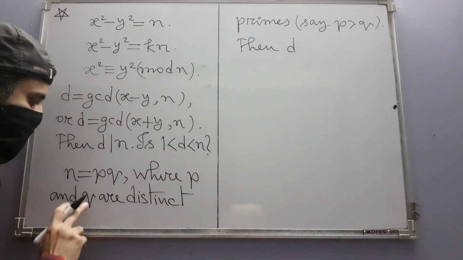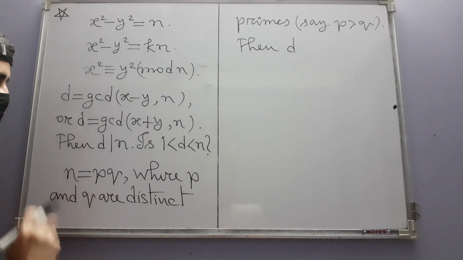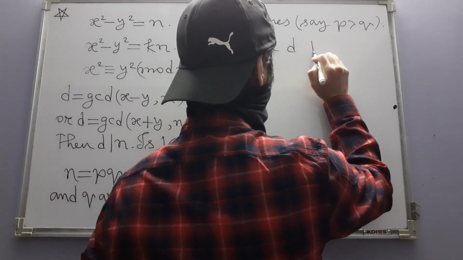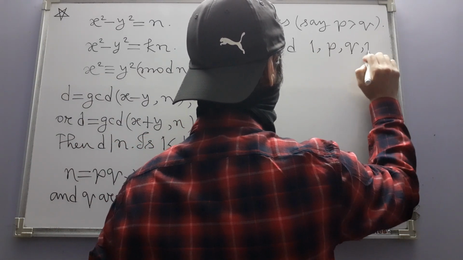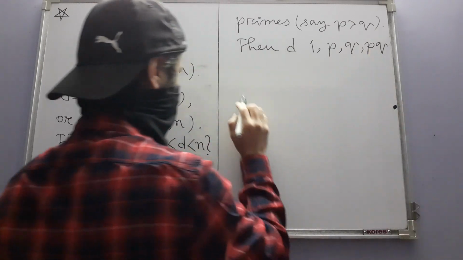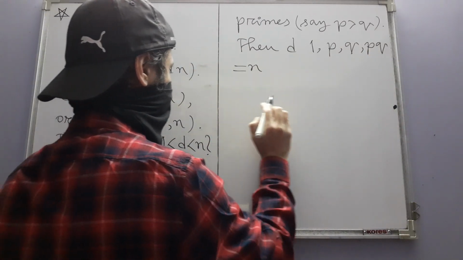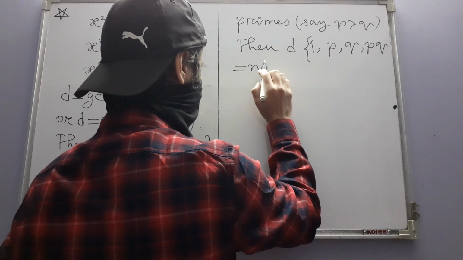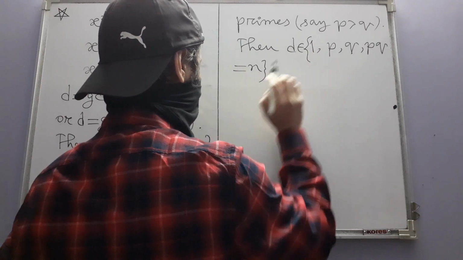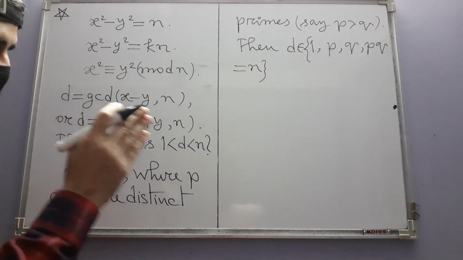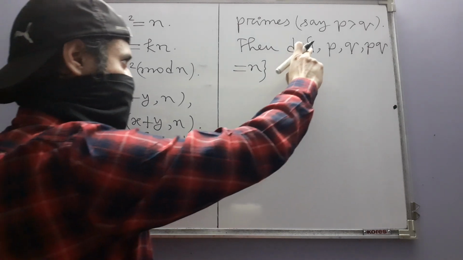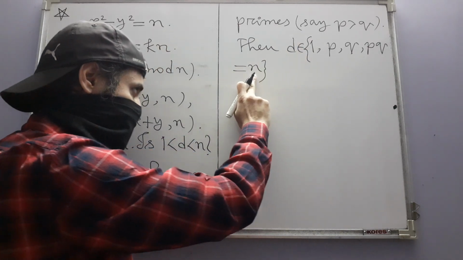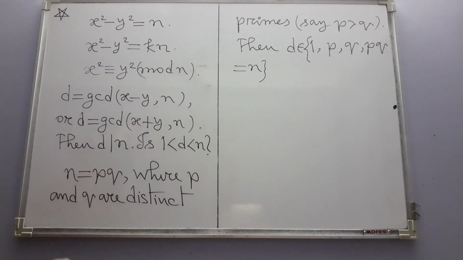Then we know that the possible positive divisors of n are 1, p, q and pq, and that pq is equal to n itself. So obviously d will belong to this set. d has to be one of these four things. We want d to not be 1 and not be n. We want it to be either p or q.